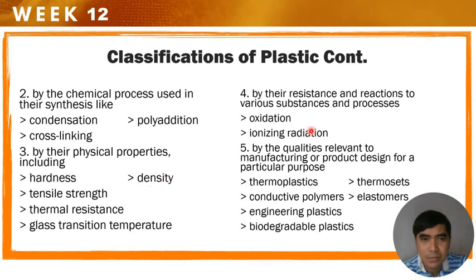Number 4, by the resistance and reactions to various substances and processes. First is oxidation. Oxidation of plastic materials is not about the exposure of plastic materials to moisture, because we all know that plastic materials cannot be oxidized by moisture, but rather by other chemical solutions such as acidic chemical solutions.